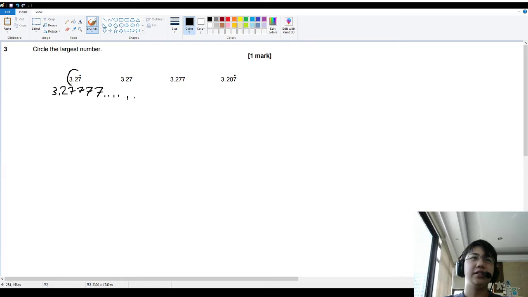So this is the largest number, as this can be written as 3.2700 something, and this could be 3.27700. And this is definitely the smallest number out of here, since the second digit is below 7, so it's smaller than all of our other numbers.